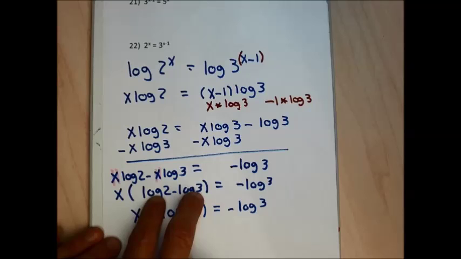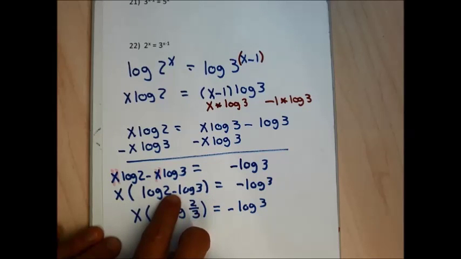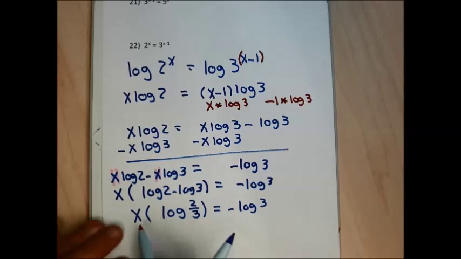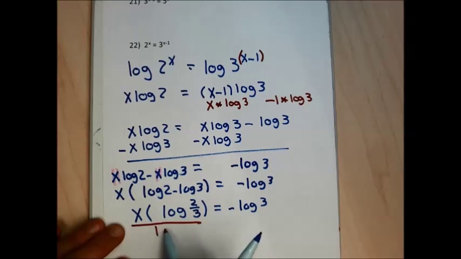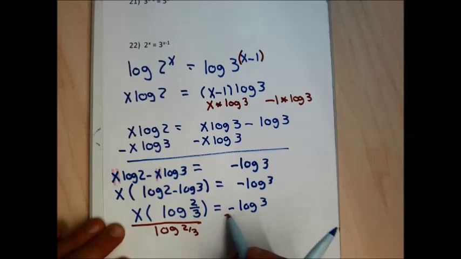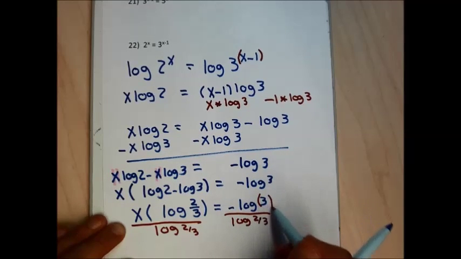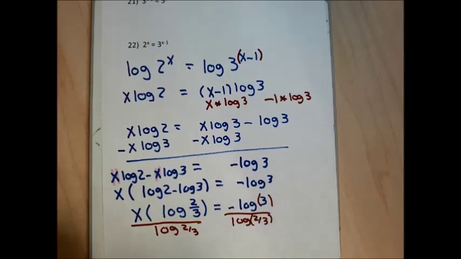So inside this parentheses, two logarithms, both base 10, minus sign in front of them, I made the two logarithms into one logarithm. That's going to make it a lot easier when I get to this next step. Now I'm going to divide both sides by the log of 2/3. I'm going to need parentheses around each of the numbers when I go to use my calculator.